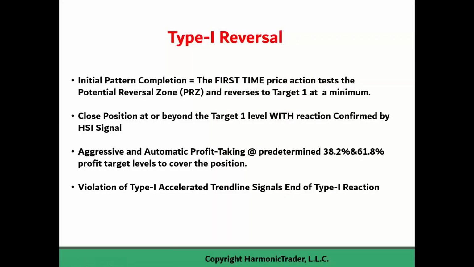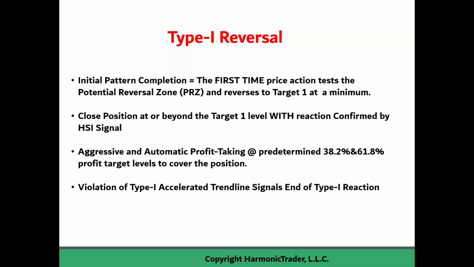Now let's look at the type 1 reversal the first time, following up from yesterday, and how the automatic profit taking and those aggressive strategies really help us to capture the reactions.